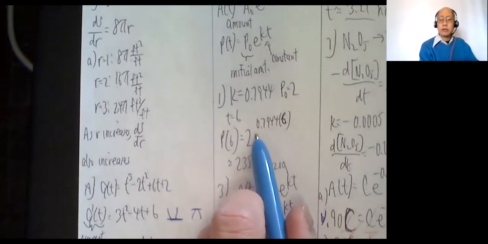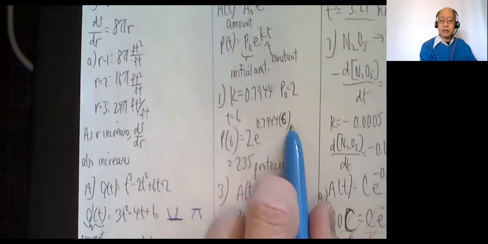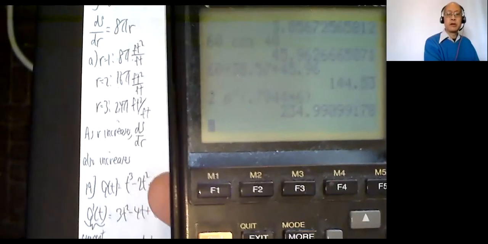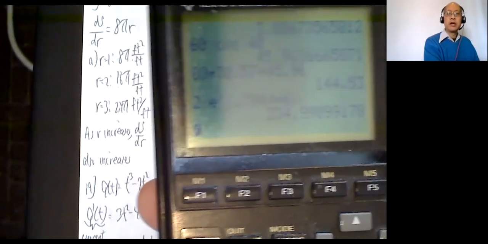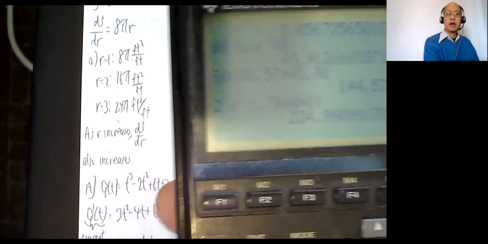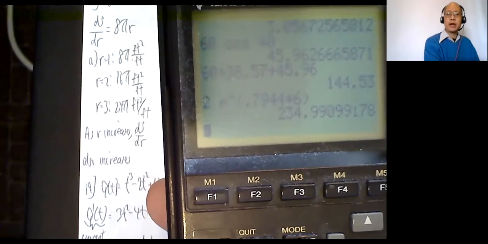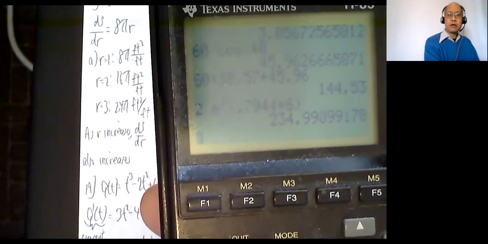If you don't, the calculator might do this and then take the result and multiply it by 6. So I'm going to go parentheses 0.7944 times 6. Okay, so there we go. There's how I typed it: 2e exponent parentheses 0.7944 times 6. And I see 234.99, rounded to 235.